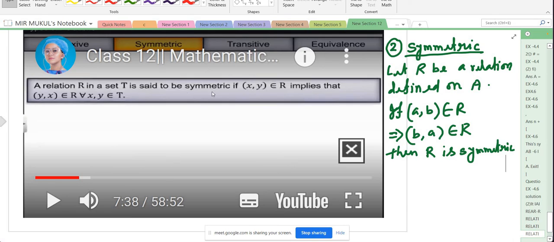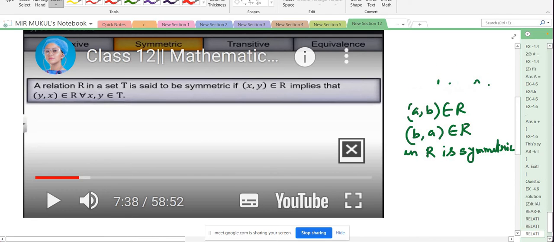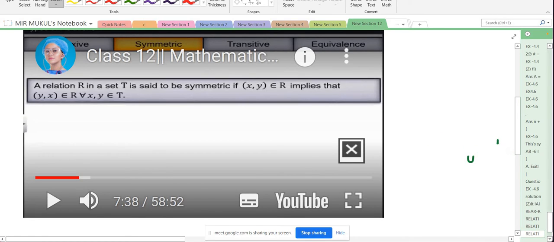Then we can say that it is symmetric. So I hope you understood the meaning of symmetric. Now we'll understand transitive. So these three kinds of relations are the main relations we have to learn in class 12.